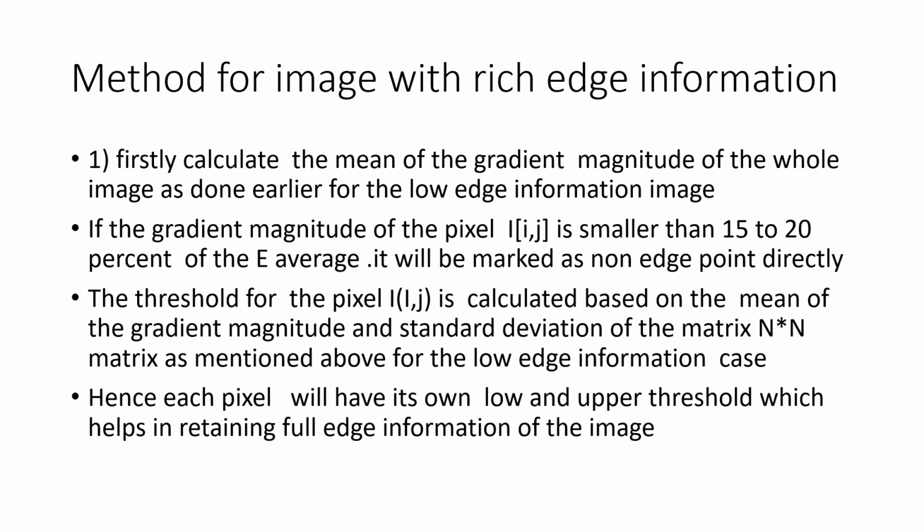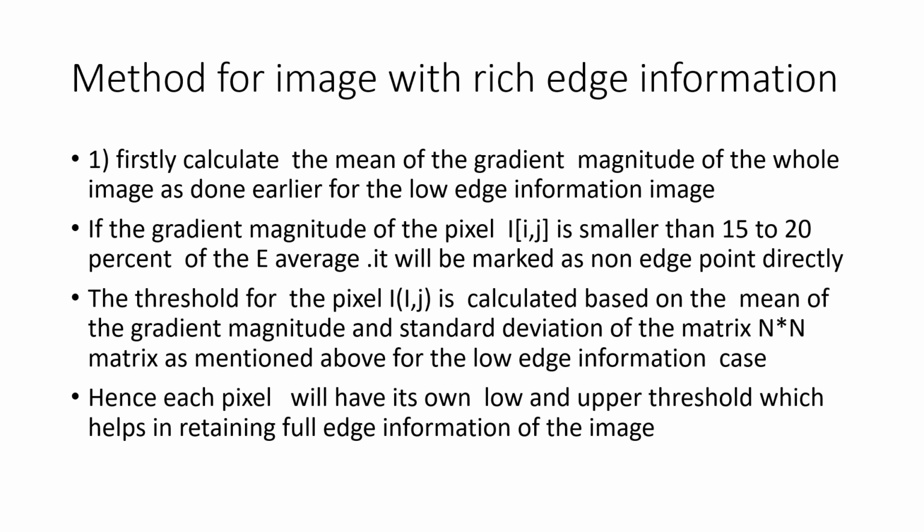The process is like a convolution, in which this n cross n matrix goes across the entire image. Generally, this n is a large number, greater than 20, and we take n to be an odd number.